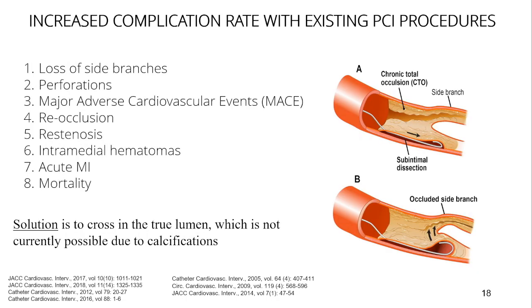Despite these advantages, only a select few people are able to do these procedures. This may be explained by looking at how the current procedure is done. A wire is looped and purposefully advanced past the CTO in a space between the plaque and the outer vessel wall, as you can see here on the top right. And then advanced past the CTO.